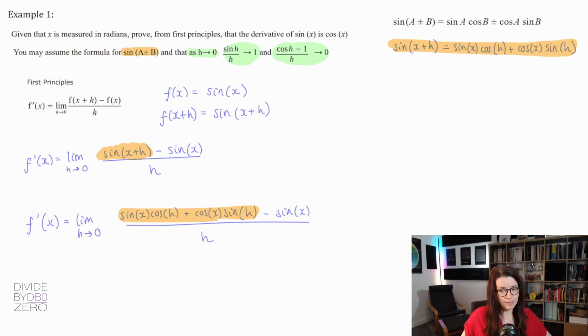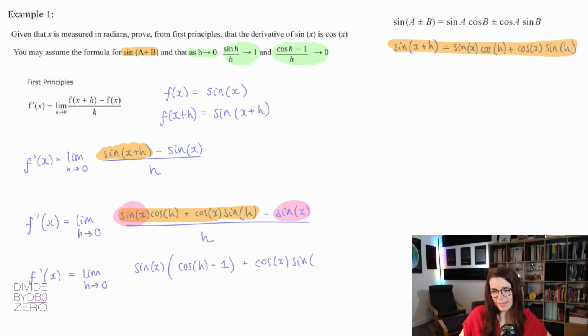The next step is to factorize, because there are two terms here that both involve sine x. So this is equal to the limit as h tends towards 0 of sine x, brackets, cos h minus 1, plus cos x sine h all over h. And that's from factorizing the sine x outside the bracket.